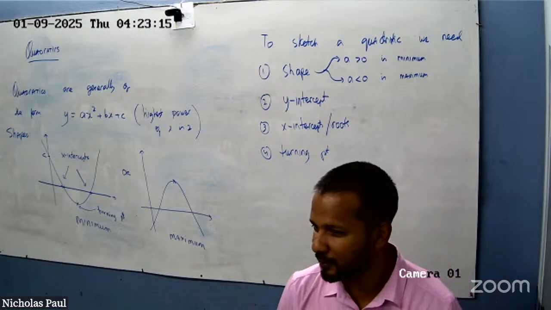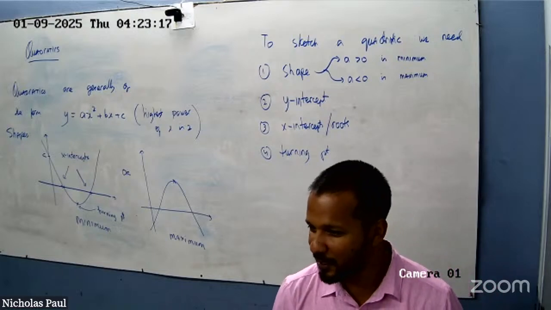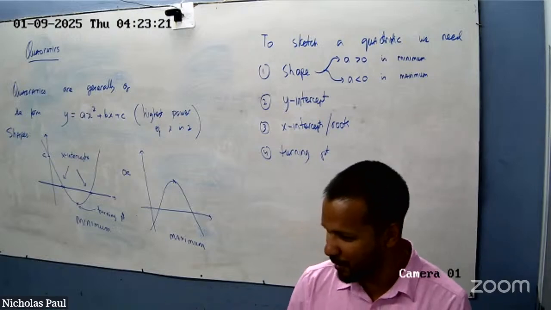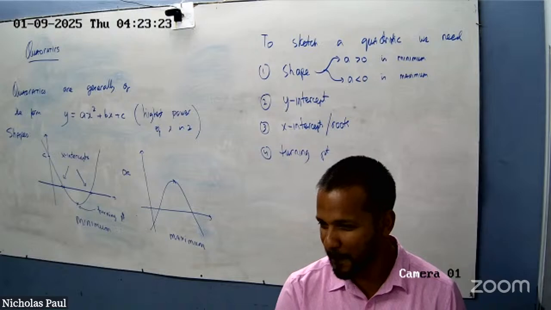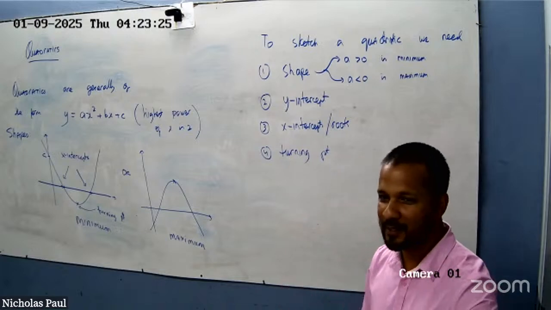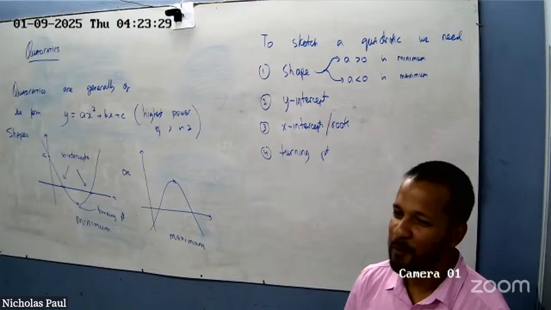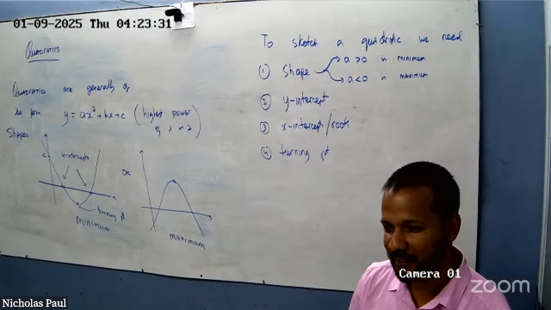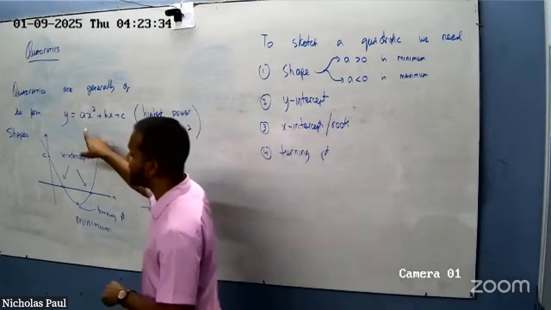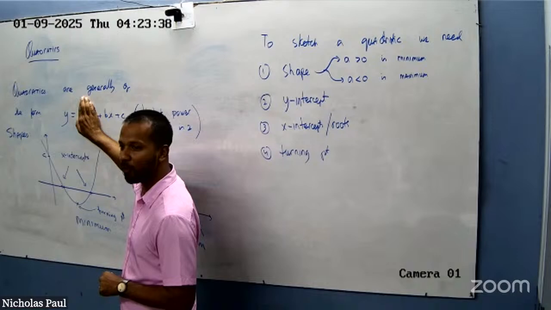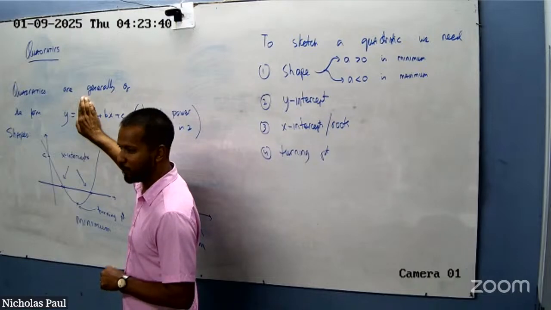If A is equal to 0, you're sitting in the middle. Very good. It will no longer be a quadratic. If A is 0, is that a parabola anymore? No, it's no longer a parabola.